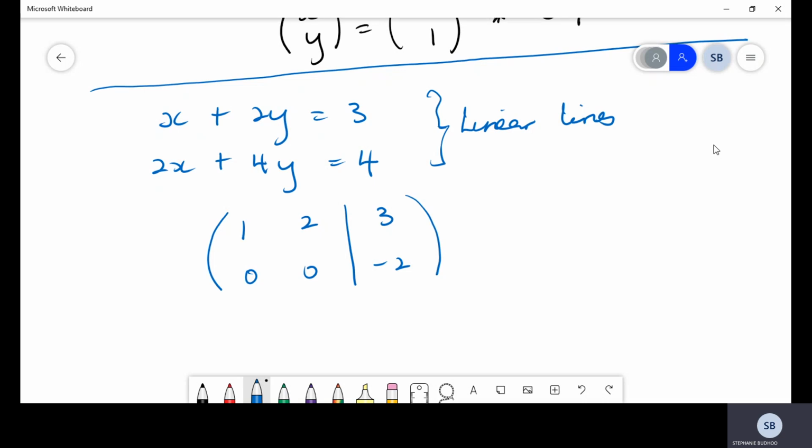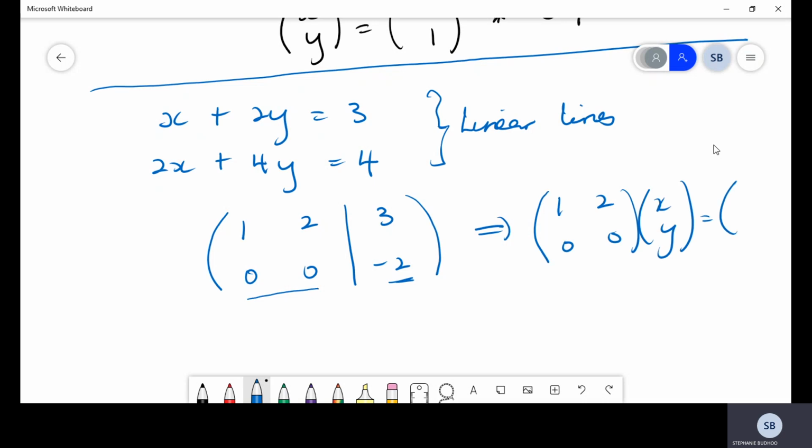If you are not able to achieve this and you have zeros on one side and a value on the other, then this takes us into a case scenario where, if you rewrite this using your x and y values, the matrix times x, y gives us values of 3 and 4.